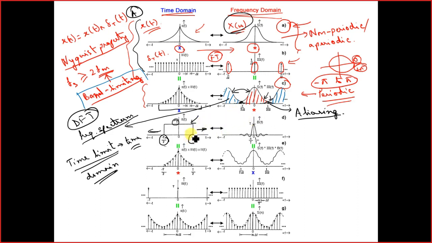And when we have a rectangular function and perform the Fourier transform of that rectangular function, we get this kind of curve, which is called the sinc function. Now again, in the time domain we have multiplied, so in the frequency domain it will be convolution.